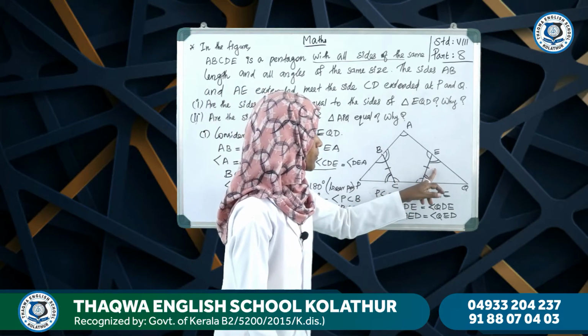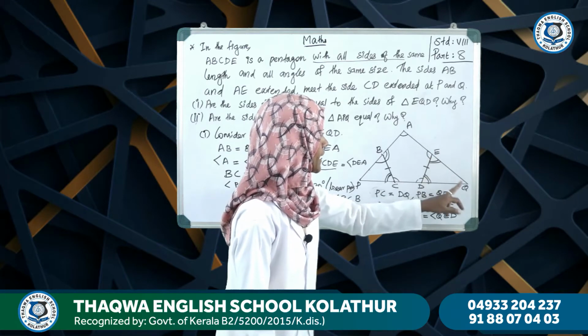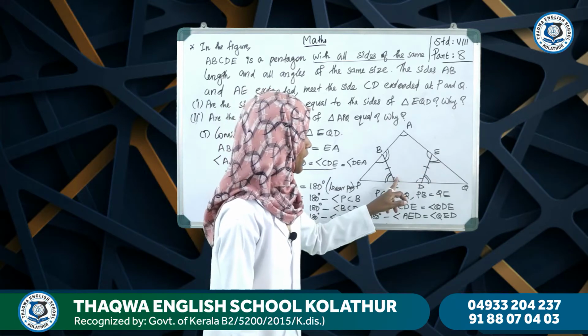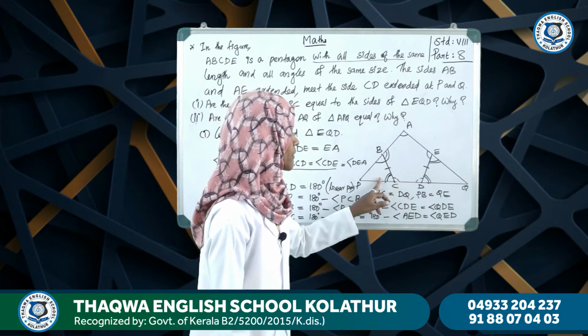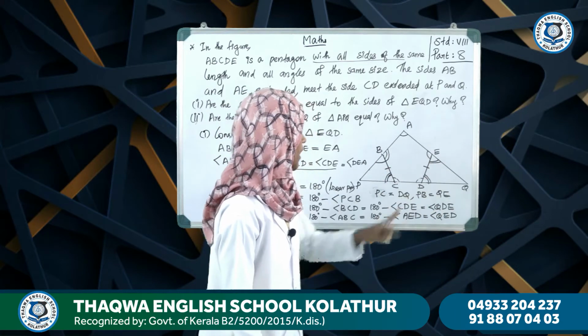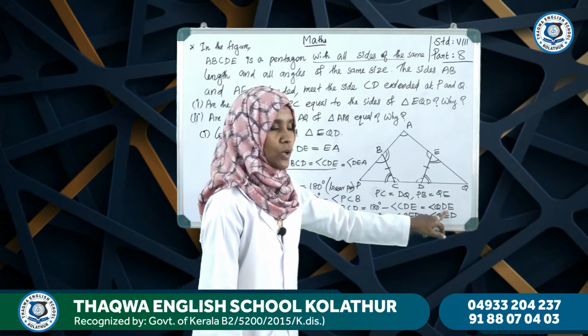Then the angles CDE and QDE also form a linear pair. We have given these two angles are equal. That's why we can say that angle PCB and angle QDE are equal.